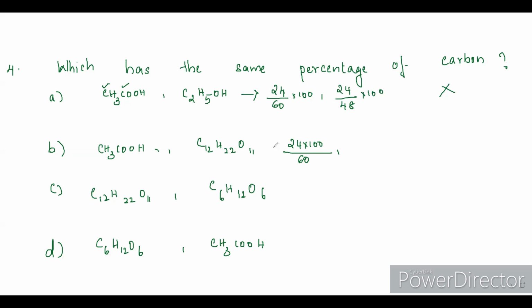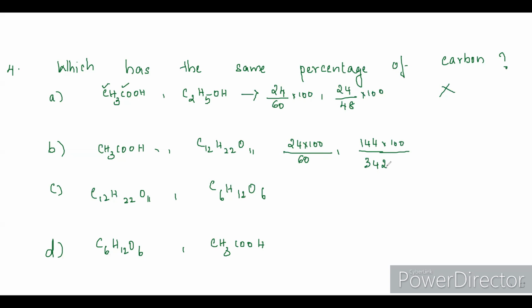C12H22O11. 12 into 12, you have 12 carbons. So this is 144 into 100 divided by around 342. 342 is the molecular mass. Now, here I will have to simplify.